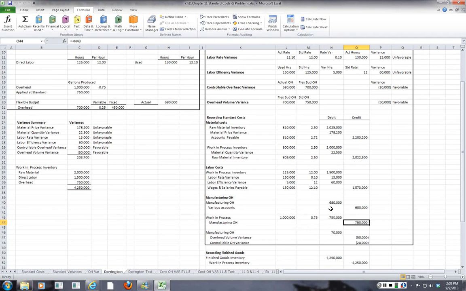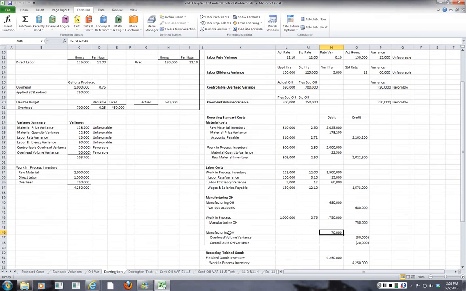So now we've debited manufacturing overhead here for $680,000. We've credited it for $750,000. So the difference between those two is comprised in this journal entry here, which is done separately. This is the way the text wants to do it. So we've got $70,000, which is the difference.